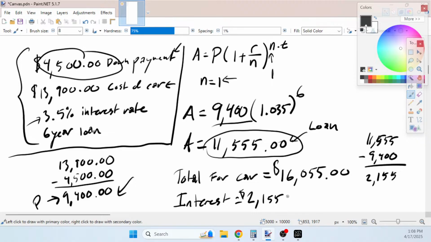So those are the two things it has to be able to compare: the total for the car and the amount of interest.